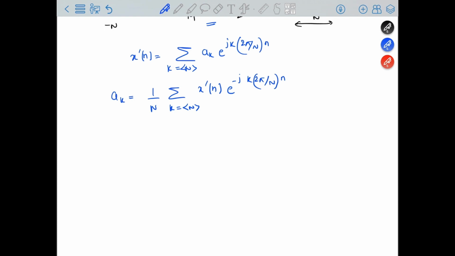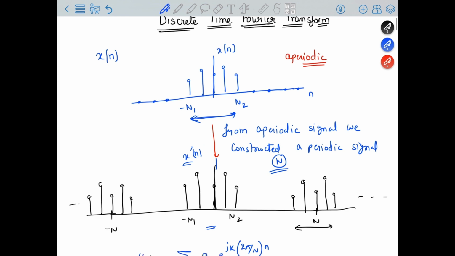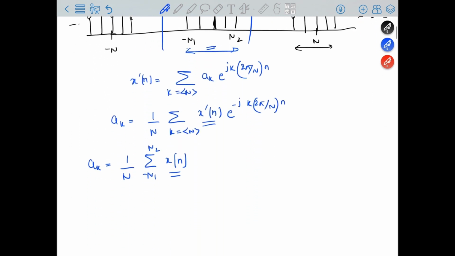Now we can replace this: a_k can be written as 1 over N. We know that the signal has values only in the range minus n1 to n2, and in that range x tilde[n] has the same form as x[n]. So if we consider this signal for this period only, minus n1 to n2, it is the same as x[n].